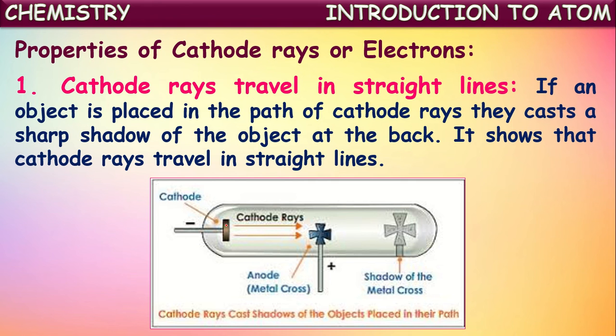In the path of these cathode rays, if any object is placed, the shadow of that object is created exactly behind it. If the object is moved up and down, the shadow also moves along with the object. So it is concluded that cathode rays travel in straight lines, because they create sharp shadows of the object placed in their path.